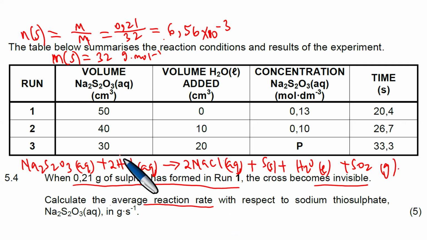So in 5.4, the number of moles of sulfur would be the same as the number of moles of the sodium thiosulfate because it's 1:1. And we want to calculate the average reaction rate.